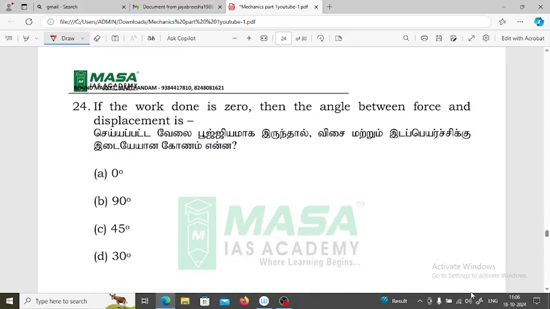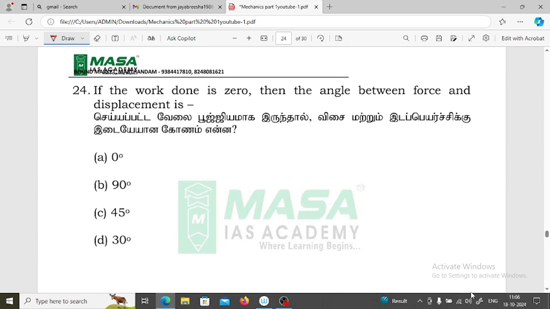Question number 24. If the work done is 0, then the angle between the force and the displacement is what? We want to calculate the angle. Work done is equal to 0.